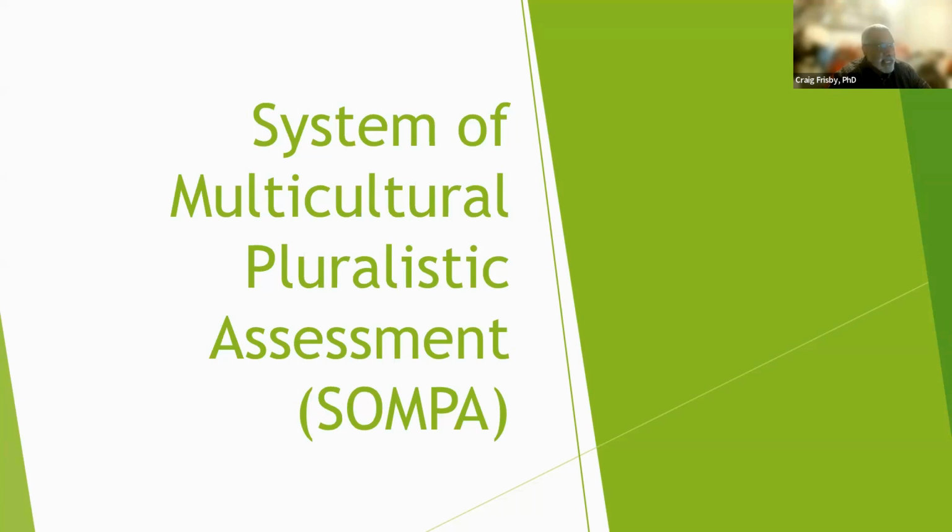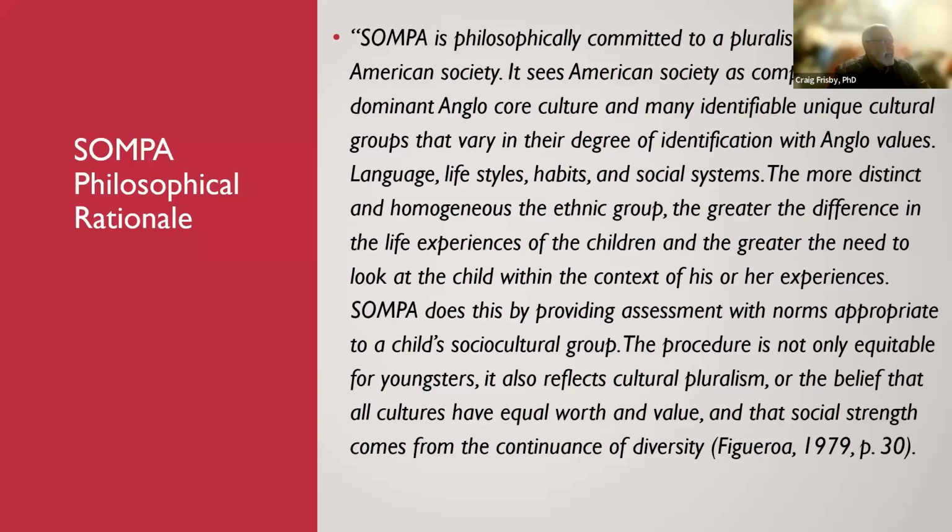But I do recognize that many of you who are present at this webinar may have no idea what this system was. It's abbreviated the SOMPA. So some of you older folks in the audience may know what the SOMPA was. Many of you probably don't, but let me just describe it very briefly.